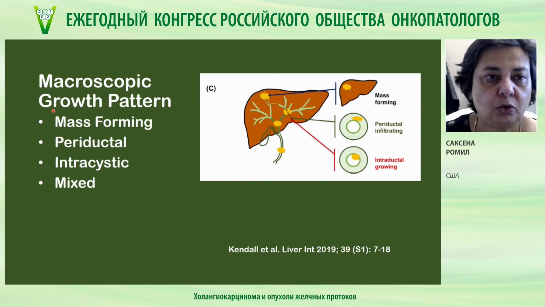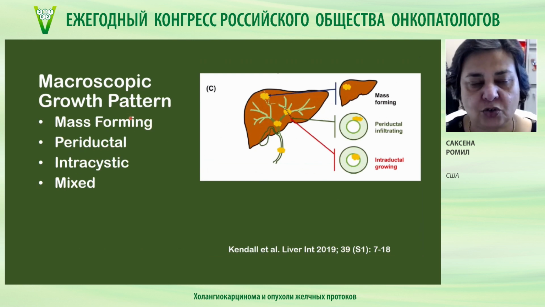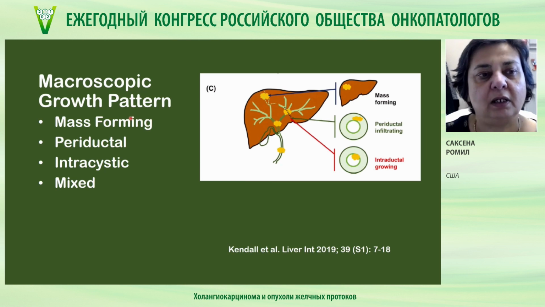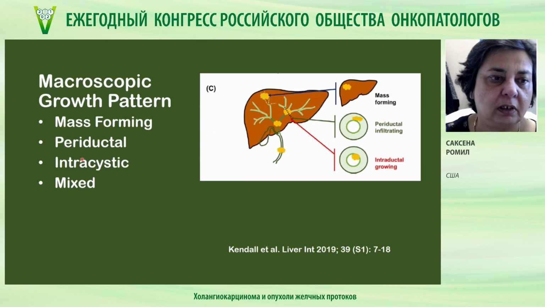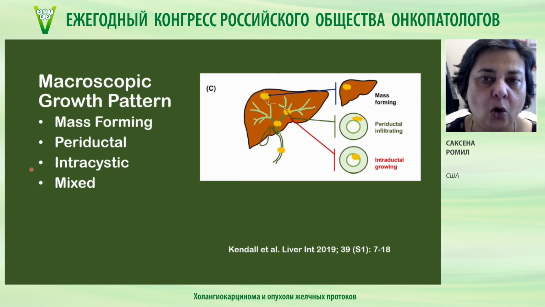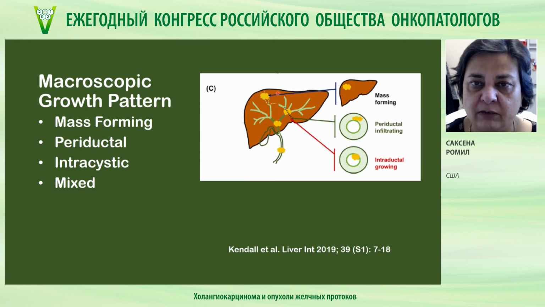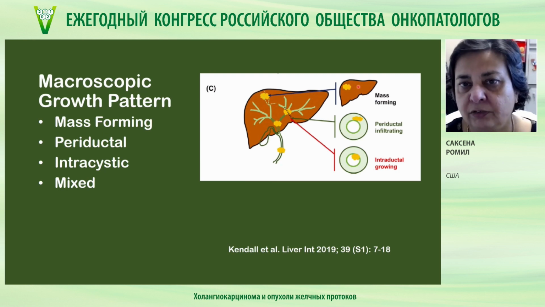Now, as far as the growth pattern goes, these cholangiocarcinomas can be classified as mass-forming, peri-ductal, intracystic, or mixed patterns. And this is shown in this diagram. So mass-forming are these very solid lesions that are present usually within the liver in the intrahepatic region, but they can be present elsewhere.